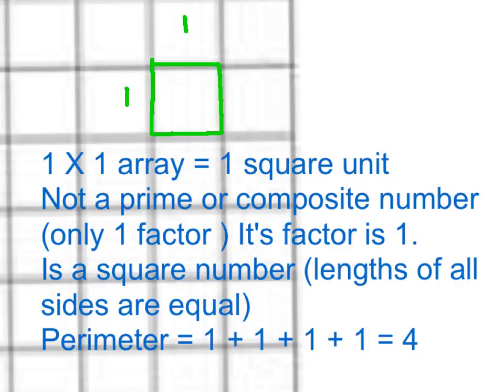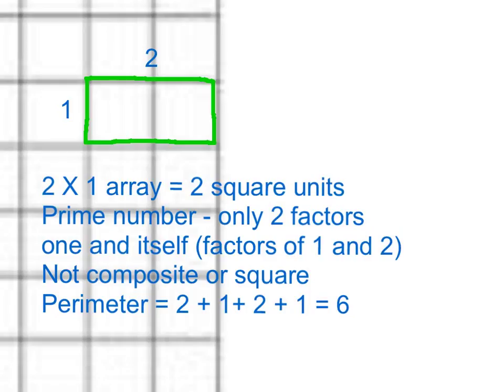The number 1 is not composite since it only has 1 factor of 1. But it is a square number since all the lengths of its sides are equal. If I was to find the perimeter of this shape, that is what I find when I walk around the outside and count sections. So the perimeter would be 1, 2, 3, 4 units.